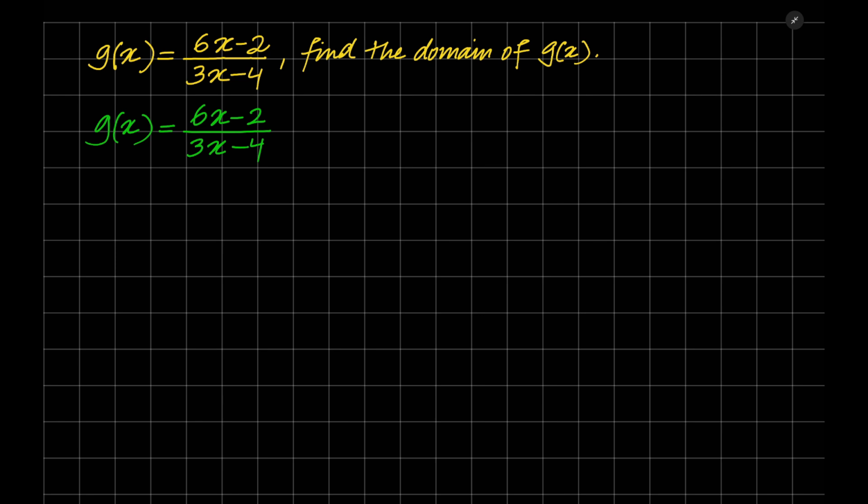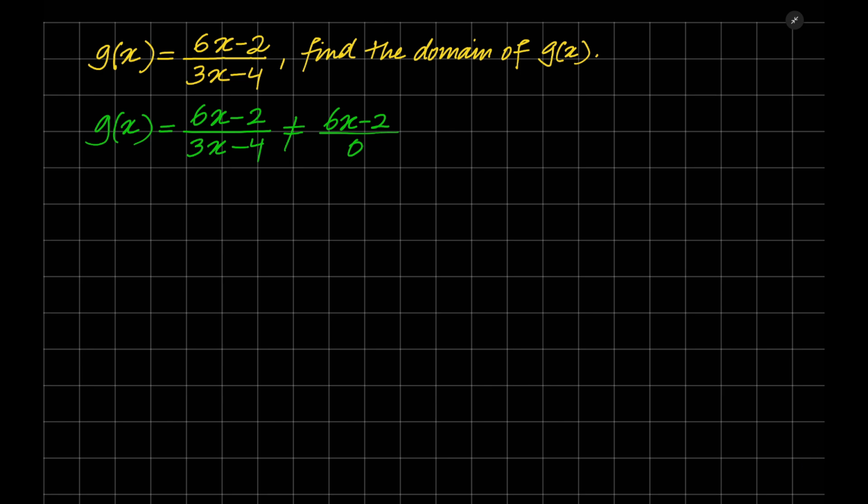As you can see, we have a fraction here. We know that we can never divide by 0. This cannot be equal to 6x minus 2 divided by 0. It's undefined.